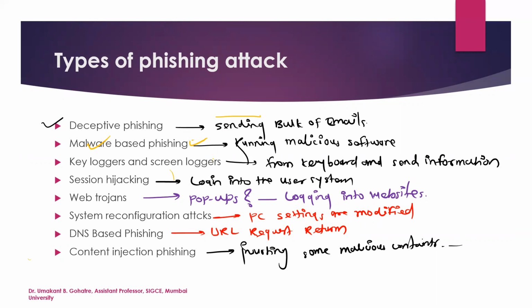Keylogger and screen logger malware capture inputs from the keyboard and send the target's information to hackers via the internet. Then session hijacking, where user activities are monitored in order to log in to the user system.